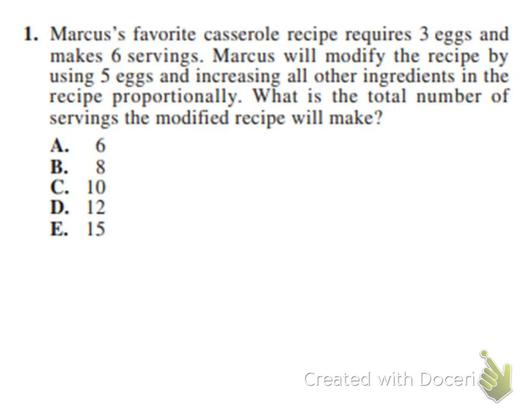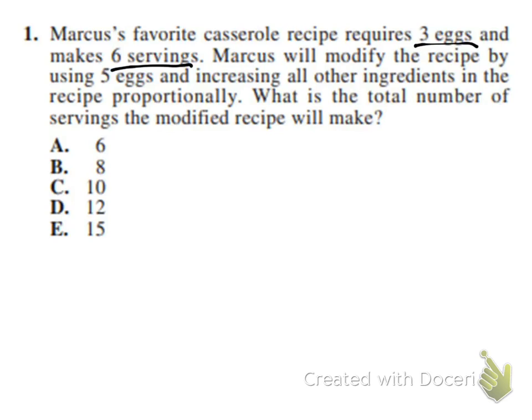This is the welcome to the test. Marcus's favorite casserole recipe requires 3 eggs and makes 6 servings. When you're going through problems, it doesn't hurt to underline things that are important. Marcus will modify the recipe using 5 eggs and increasing all other ingredients in the recipe proportionally. What is the total number of servings the modified recipe will make? The mathematical way to do this is a proportion.